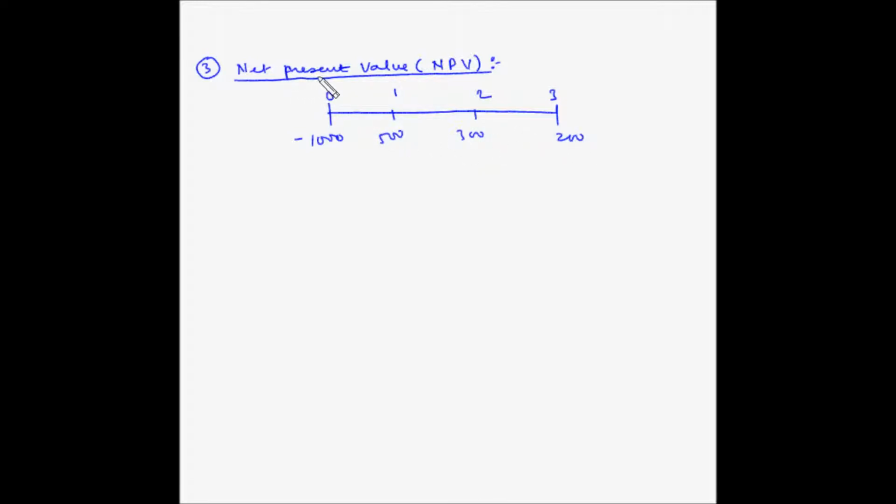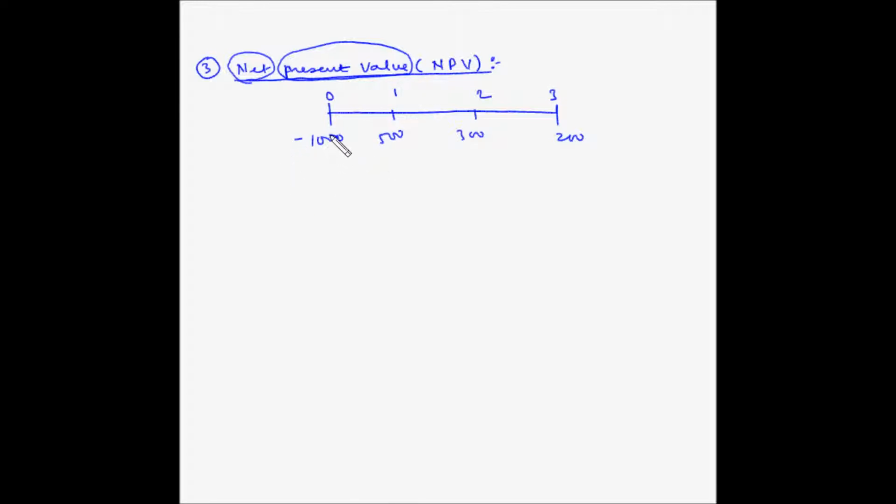As the name suggests, we have to first find out the present value of all the cash flows, whether it is outflow or inflow. And then we have to net all of them up. That means we have to sum all of them up. The cash outflows are considered negative while the inflows are considered positive for the summing up of the present values.